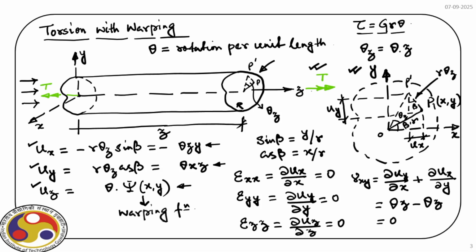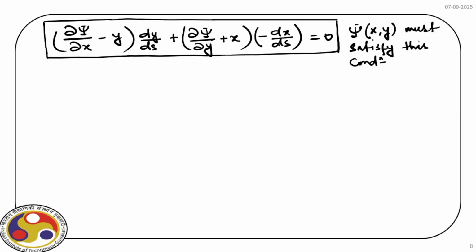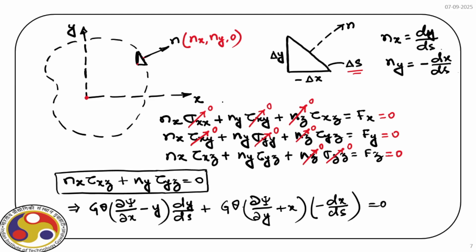For that, what we do? We again consider this cross section, and here let us consider a small element of size dx dy. Now what are the stresses acting here? We have two stress components, tau xz and tau yz. So let us first consider x direction.